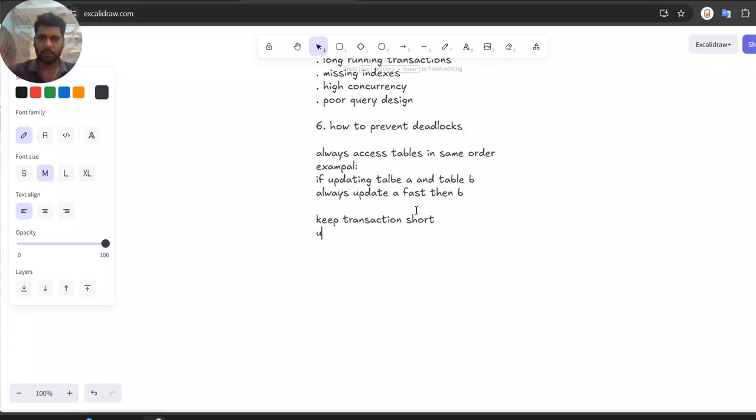Use proper indexing. Avoid unnecessary locks. And use appropriate isolation level.